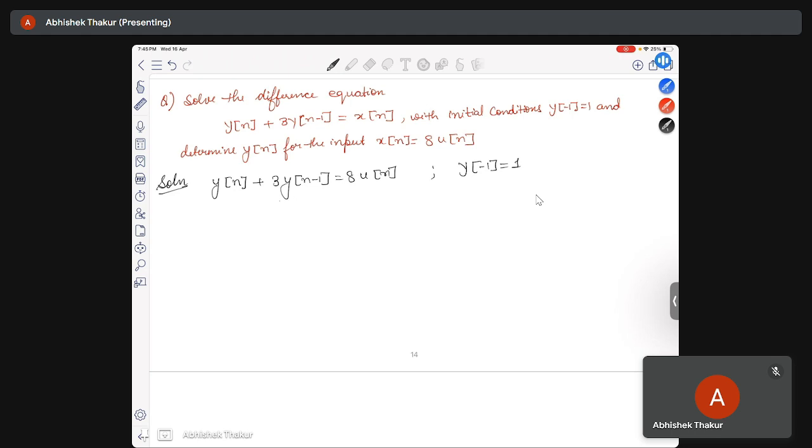So we can write this y(n minus 1) by applying the unilateral Z transform. I will just mention the properties of the unilateral Z transform.